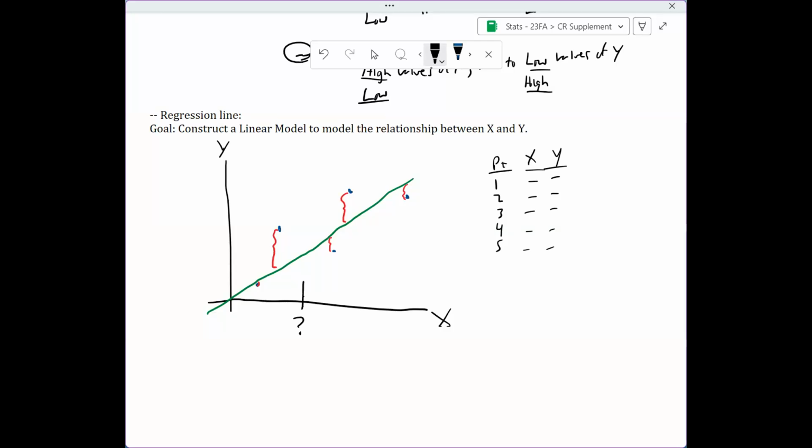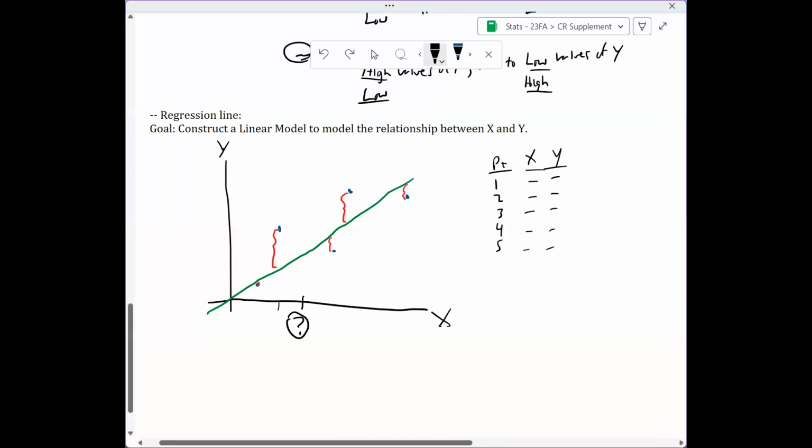Well, if I look at this value of x, I don't have any data point that has that x value. There's no data point that's directly above that. So I can't just look up the data point. Like I could say here, maybe my best guess would be this y value for this input x.